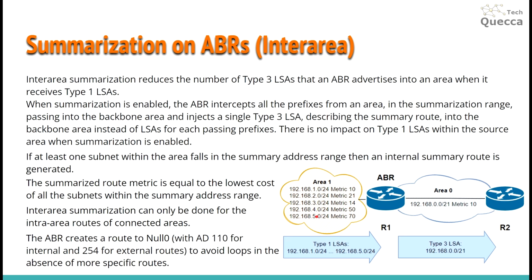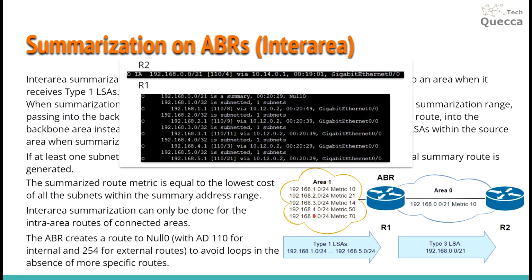The ABR also creates a route to the null interface. For example, in this case we have summarization configured on R1. Then on R2 we have this entry in the routing table to subnet 192.168.0.0/21, which is the summary route for all these subnets, pointing to router R1.